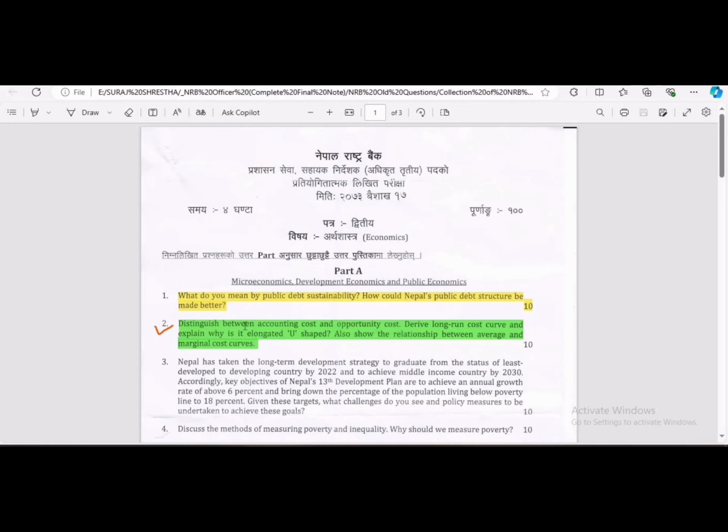So here we can see 3 questions. First one is the difference between accounting cost and opportunity cost. Second one is the derivation of long run cost curve and the reason behind the U-shaped cost curve, and the relationship between average and marginal cost curve. In the earlier video we talked about how many pages we need to write for the answer.